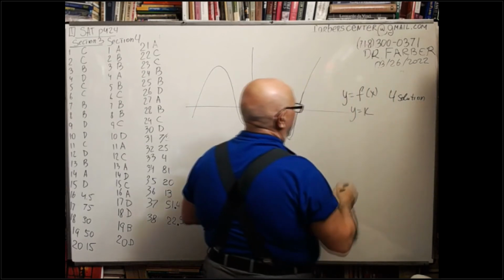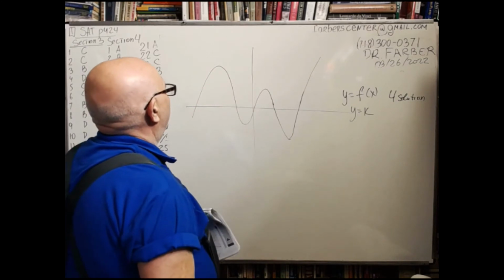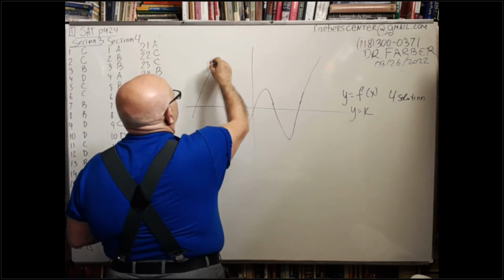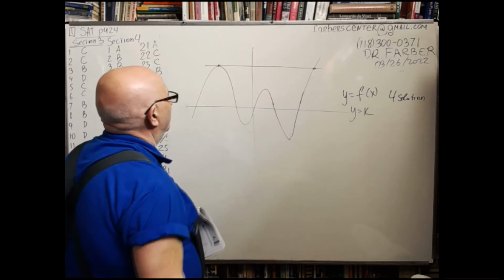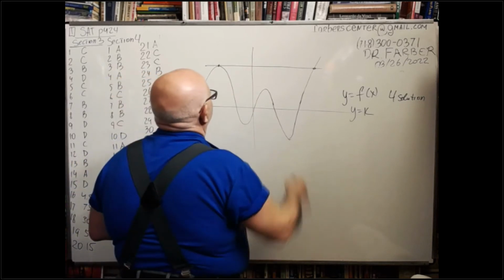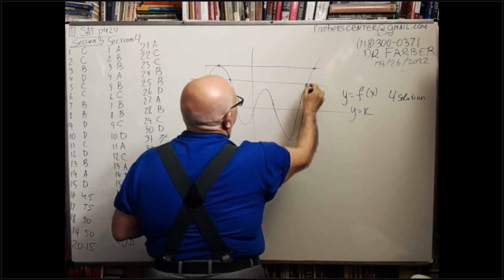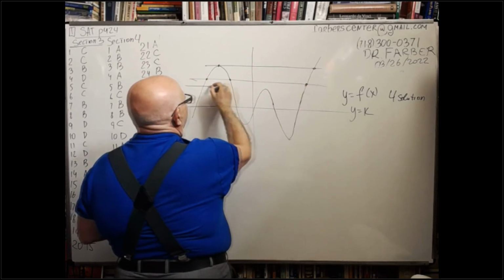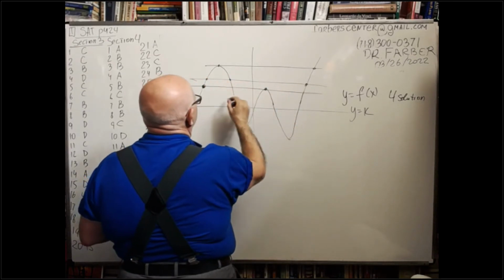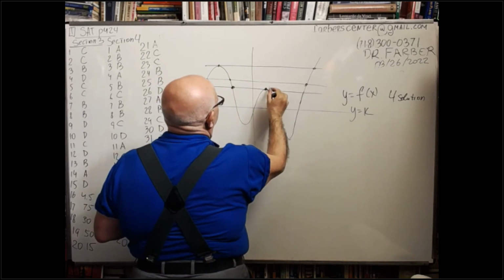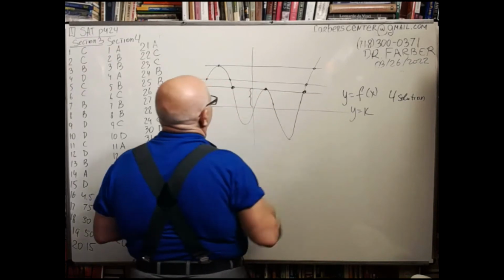You know, y equals k is a line which is parallel to the x-axis. If I take this value of k, I have only 2 solutions. Not good. I need 4. If I take this one, I will have 1, 2, 3 solutions. Not good. If I make a tangent to this one, I have 1, 2, 3, 4. Good. For this solution, when k equals this value, we have 4 solutions.